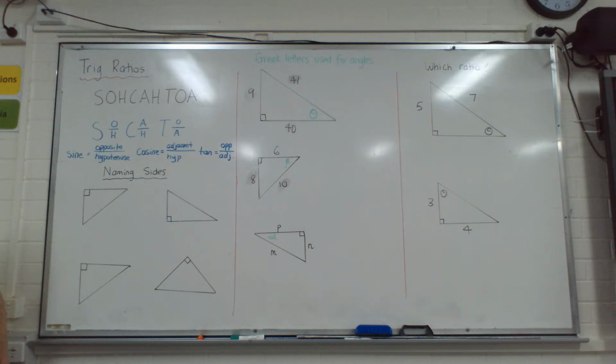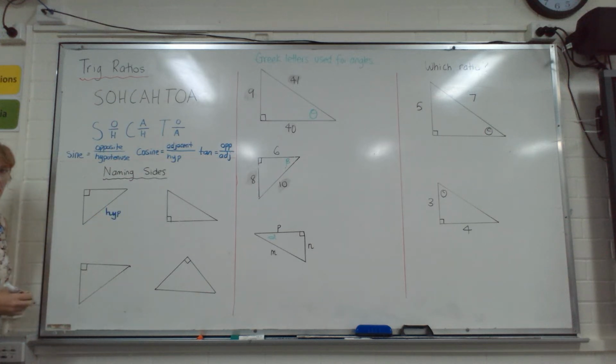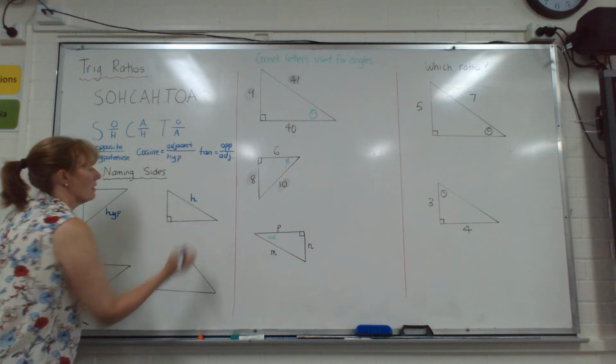Now if you think back to last lesson, we can already pick out the hypotenuse for all four of these triangles because we said that the hypotenuse was the longest side and it was always opposite the right angle. So in this triangle here, the hypotenuse is definitely this side, and I'm going to call that hypotenuse. Or I could have just put H. In fact, for these other ones, I might just put H. In this one, I hope you can identify that this is our hypotenuse.